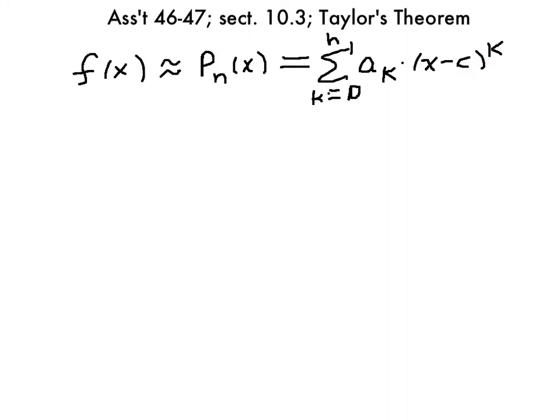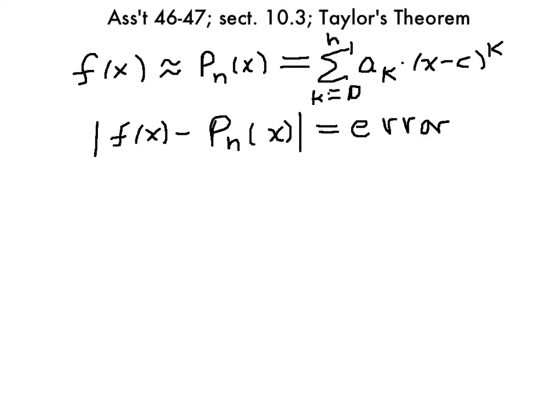And really what we're looking for is, what is the error when we approximate f of x with a Taylor polynomial of degree n? And the error is basically the absolute value of the difference between those two expressions.